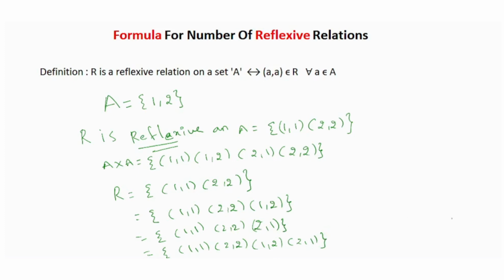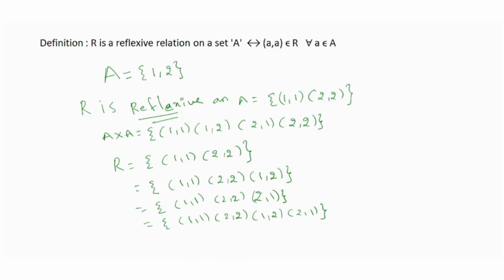So what are we understanding from this? If R is reflexive on A, where A contains 1, 2, the two elements 1 and 2, every element has its own image, meaning (1, 1) and (2, 2) must be there.